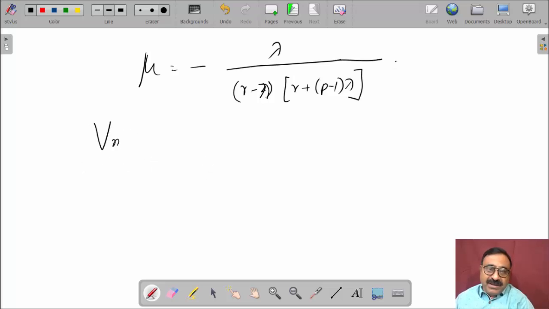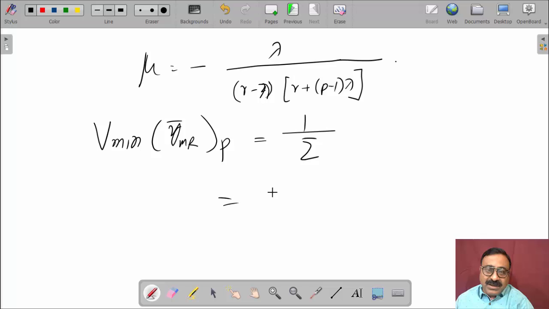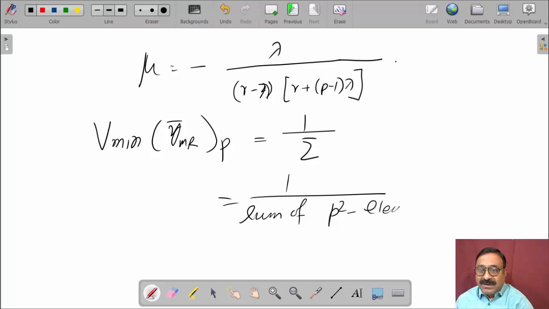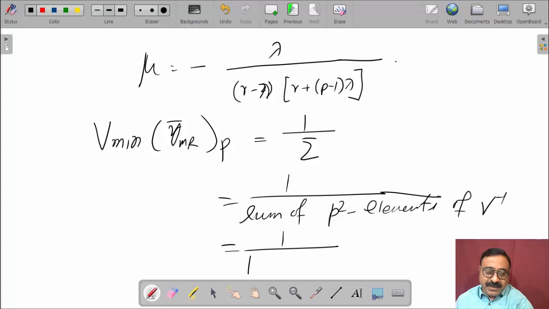So the minimum variance will be 1 by sigma, that is equal to 1 by the sum of P square elements of V inverse, that is equal to 1 by P theta plus P into P minus 1 mu.